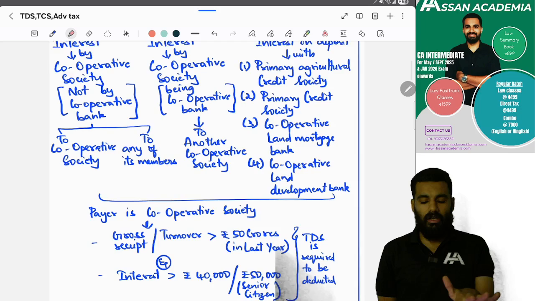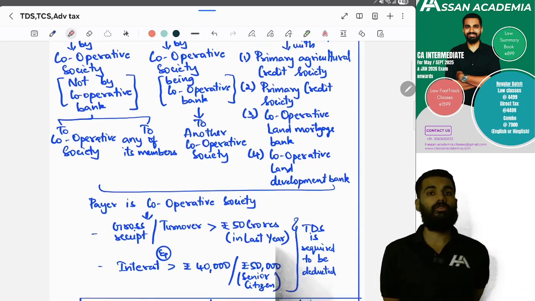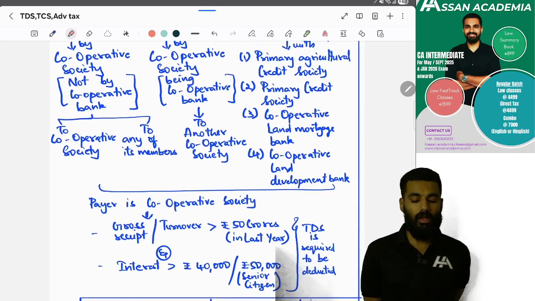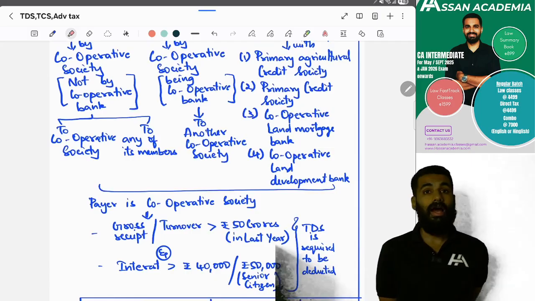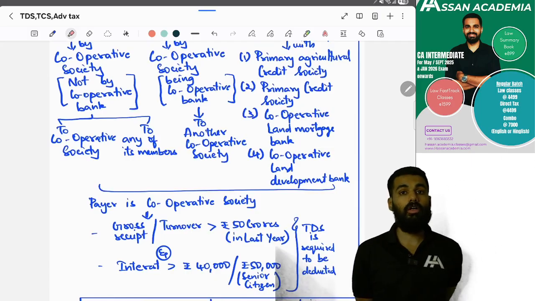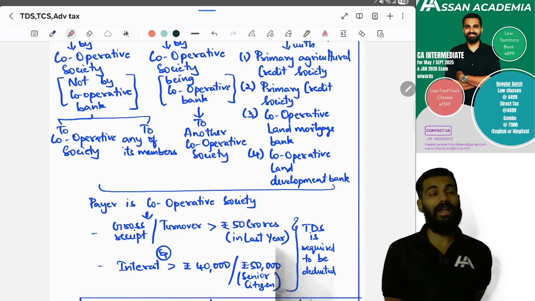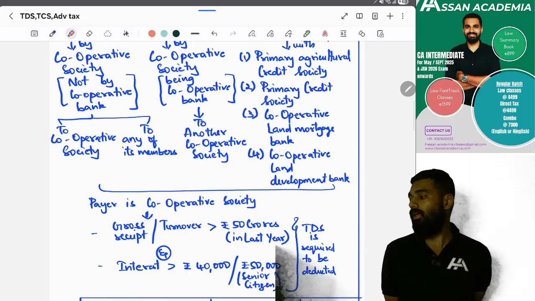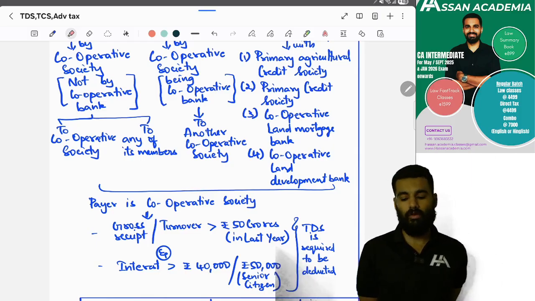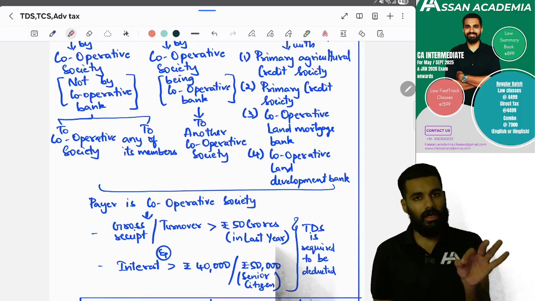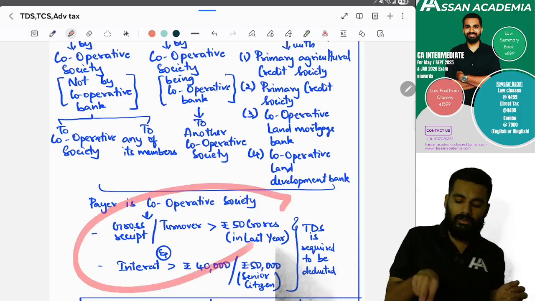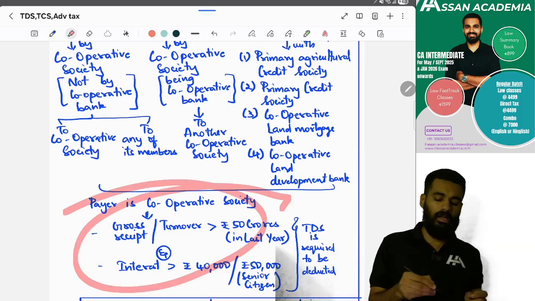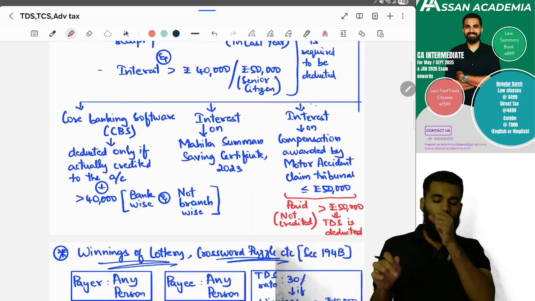In all these situations, if the payer is a cooperative society and the gross receipt or turnover is more than 50 lakhs in the preceding previous year and interest is more than 40,000 rupees, or for a senior citizen 50,000 rupees, then TDS is required to be deducted. If the payer does not fall in this category, then TDS need not be deducted.